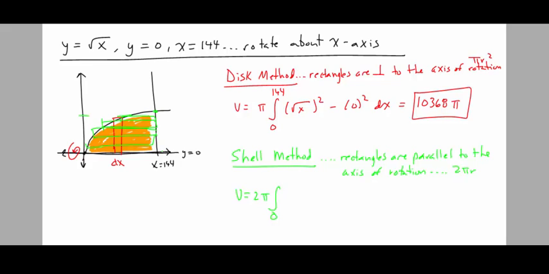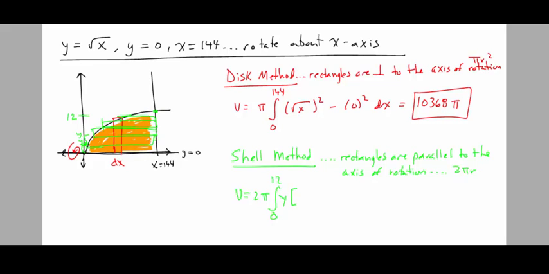If I plug 144 into my y equals root x, the square root of 144 is 12. So my limits of integration go from 0 to 12. Now the distance from the axis of rotation to the center of any of these rectangles is going to be y. Then I need to talk about the length of the rectangle.